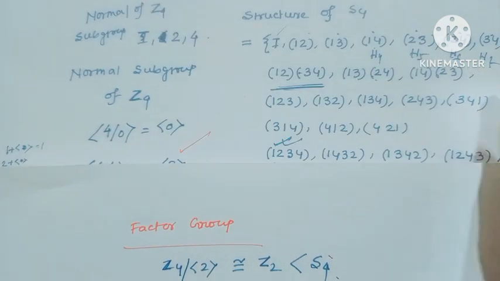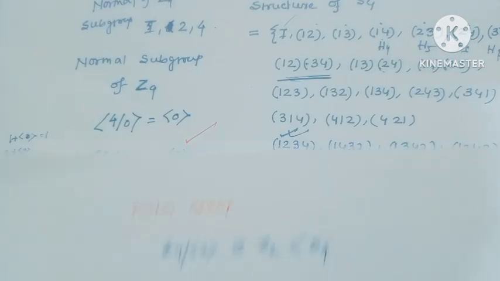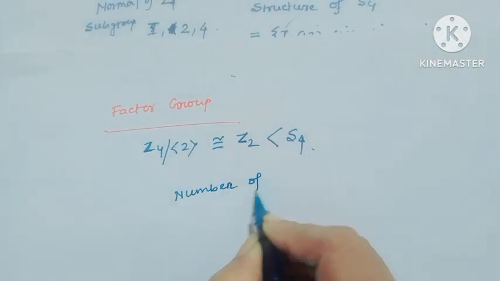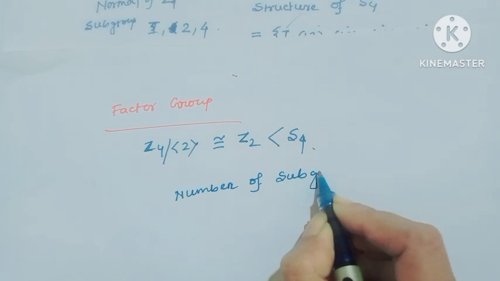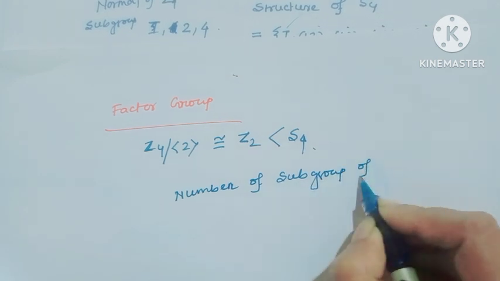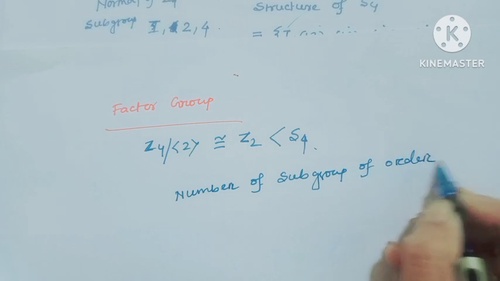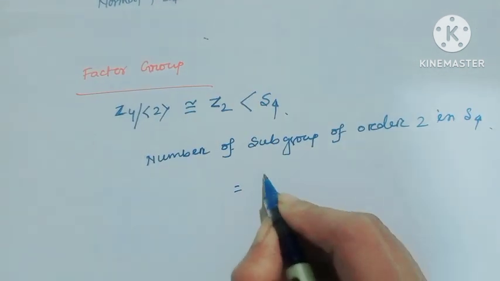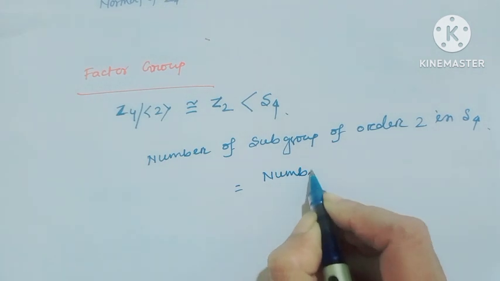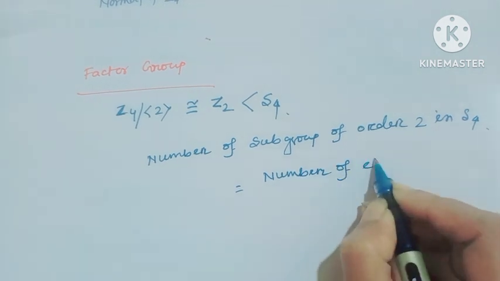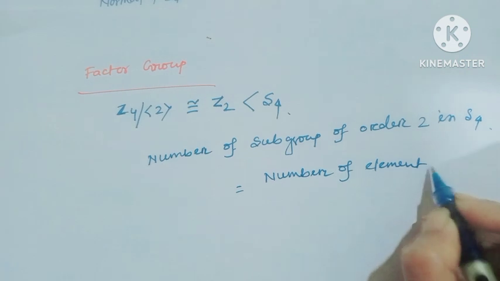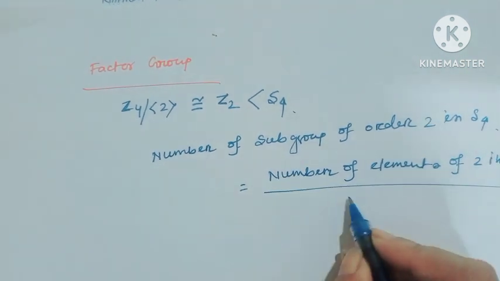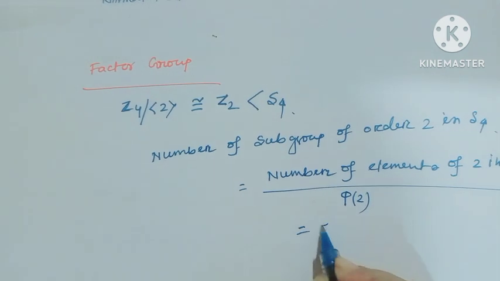The number of subgroups of order 2 in S4 is the number of elements of order 2 in S4 divided by phi(2), and this would be 9.